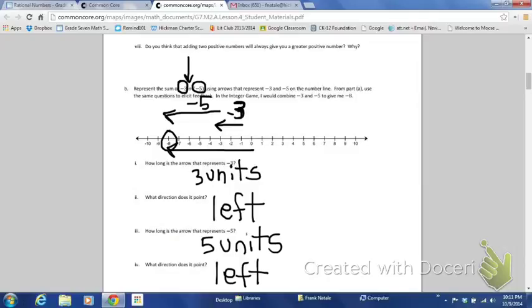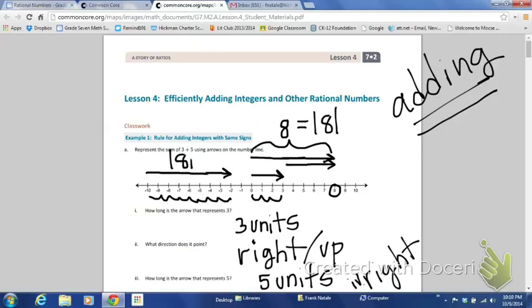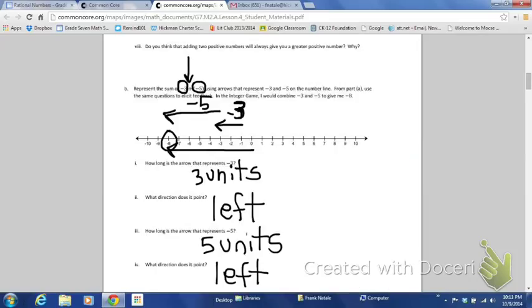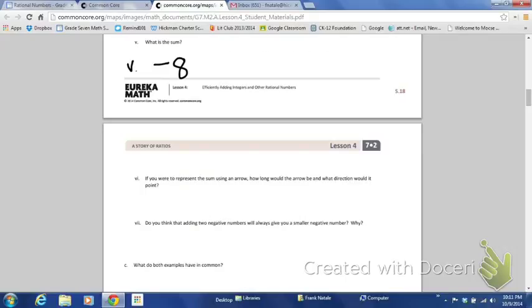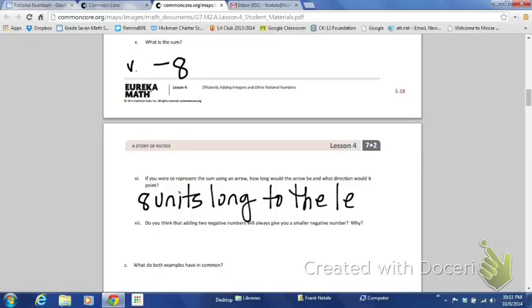You will notice, just like this one was 8 units long, this one is also 8 units long. But now we know it's pointing to the left. And that direction is important.